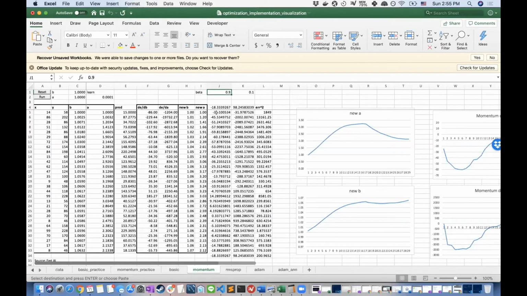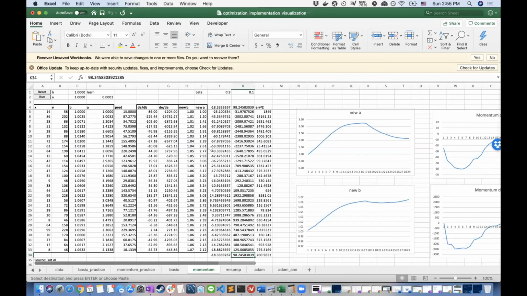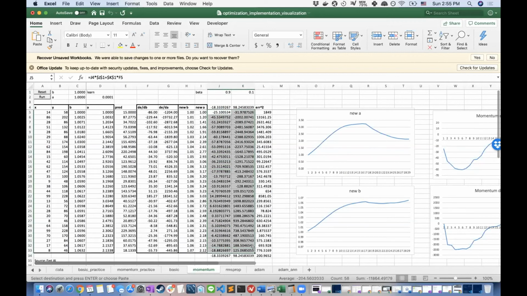Okay, we have 5 minutes left. So this is the momentum, and it was taken from here. And again, this is more like batch momentum rather than mini-batch.